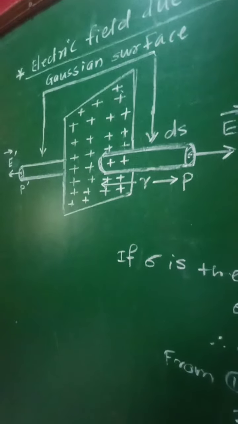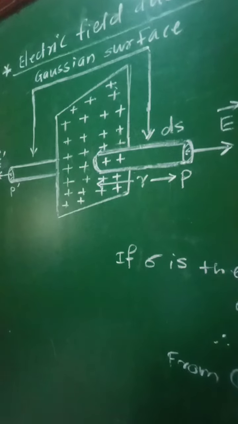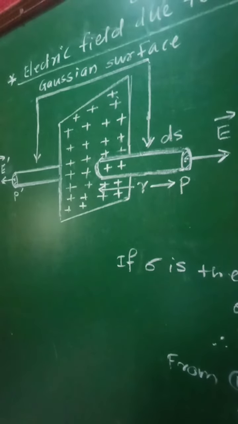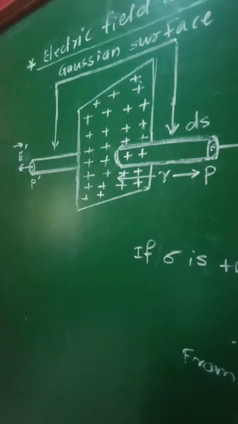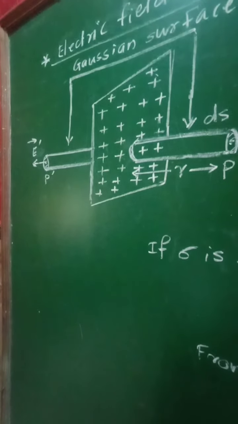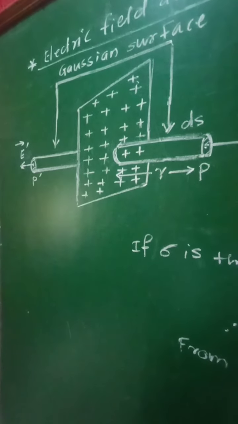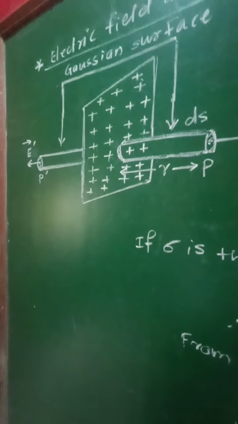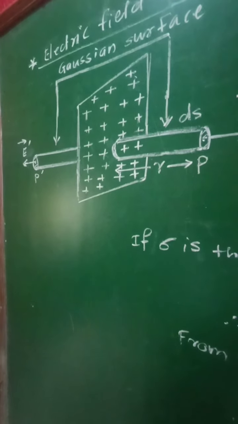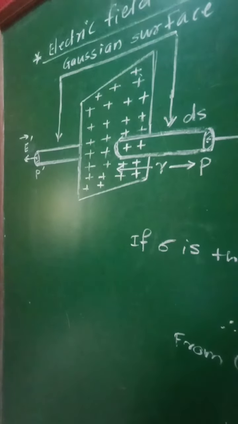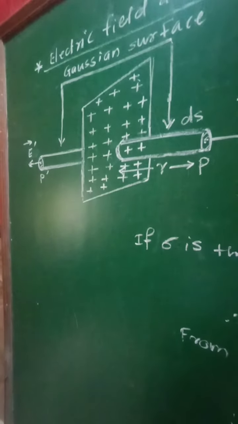Then to find the electric field due to the plate at point P, let us consider a Gaussian surface around point P in the form of a cylinder of cross-sectional area A and a length equal to 2r, with its axis perpendicular to the plane of the sheet, and it passes through the sheet, so that P P dash will represent the Gaussian surface.